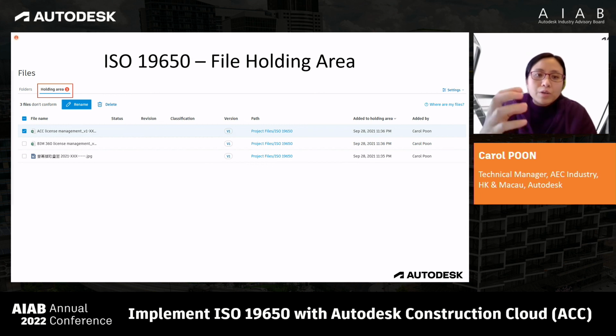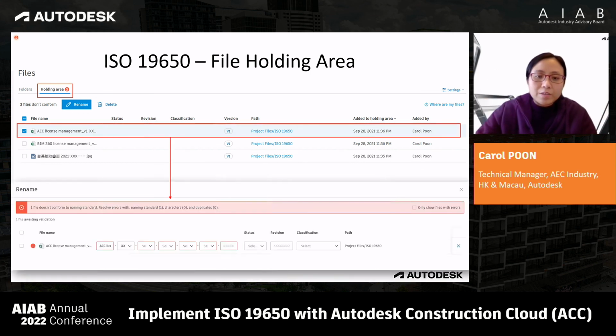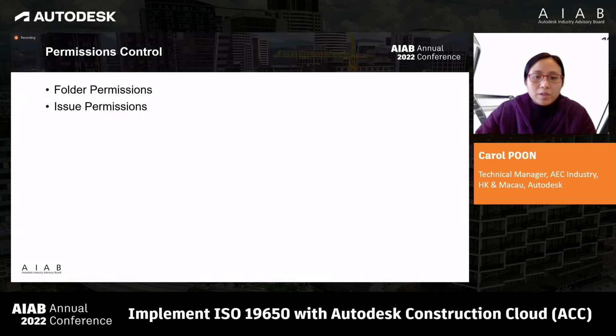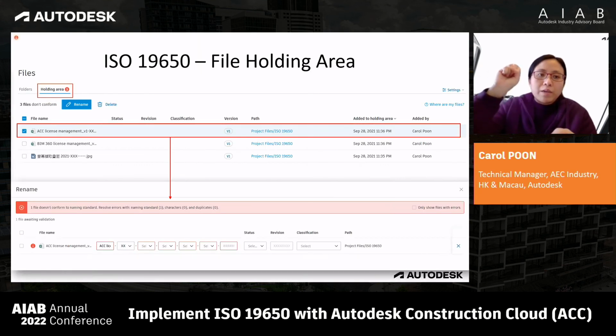You can always go back to ACC later with the correct name. They can change the name according to the system, and once it is finished, ACC will extract the file from the holding area and put it into your ISO naming folder.